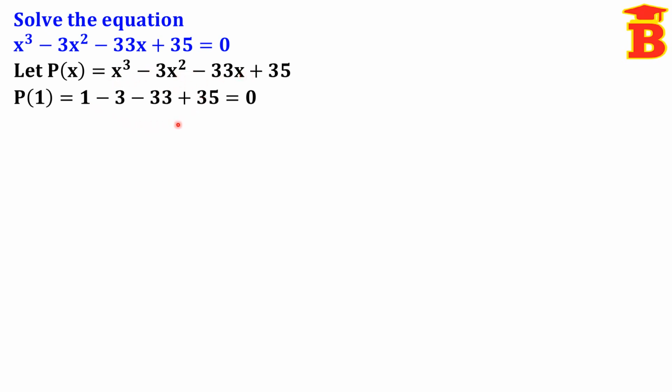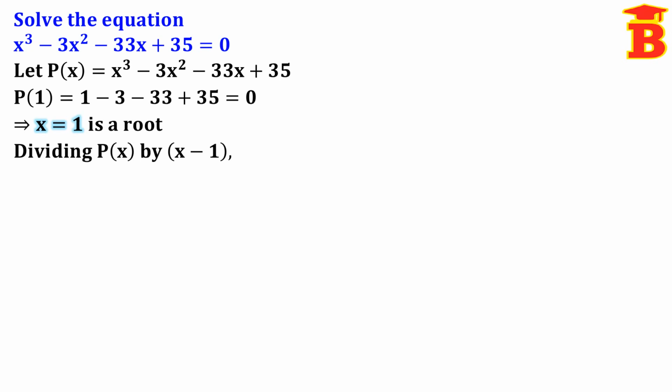Here 1 plus 35 is 36. And adding the negative numbers, minus 3 minus 33 is minus 36. So 36 minus 36 is 0. We get P of 1 equal to 0. Therefore, x is equal to 1 is a root.